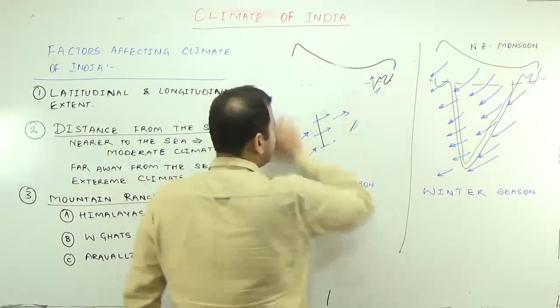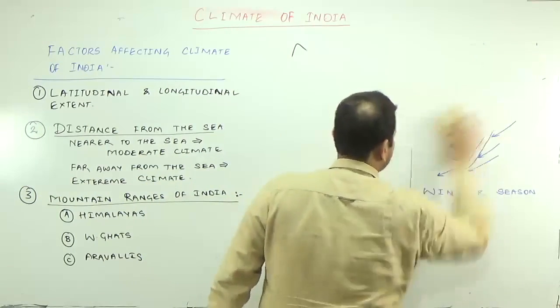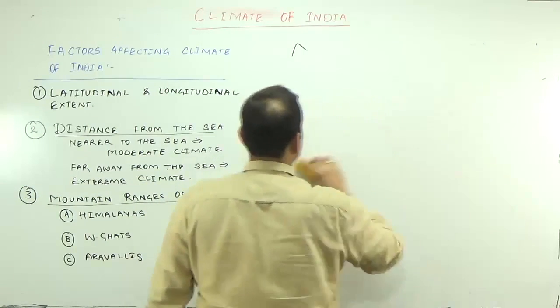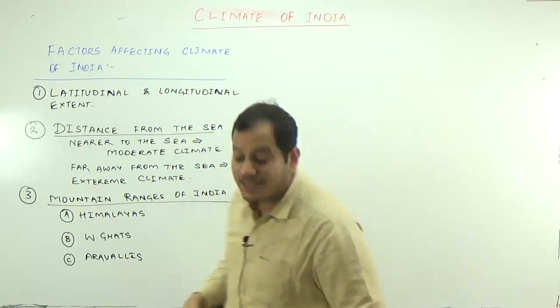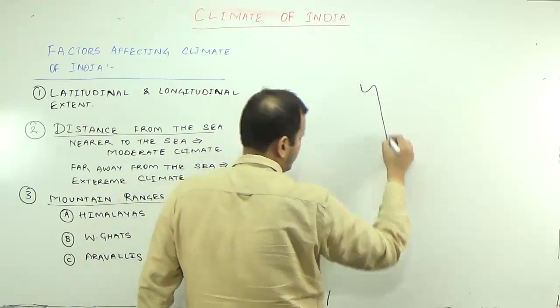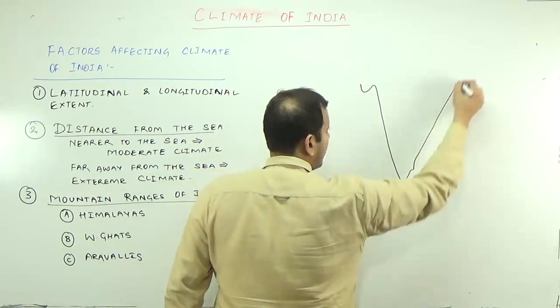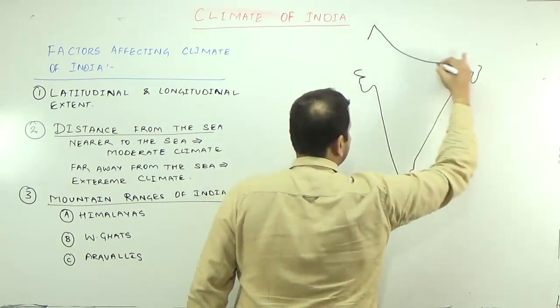Now first, see the location of the Himalayas and see the importance of the Himalayas. We have already done it in the significance of the Himalayas, but let me repeat it here.